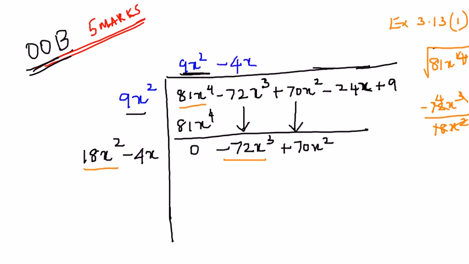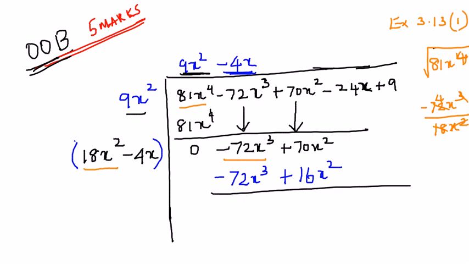minus 4x, right? Now as the next step, we will multiply this whole expression here, 18x squared minus 4x, into whatever you have added newly into your quotient here. So you've added minus 4x here. So we are now going to multiply this entire expression into minus 4x. 18x squared into minus 4x is going to be minus 72x cube, and minus 4x into minus 4x is going to give me plus 16x squared.